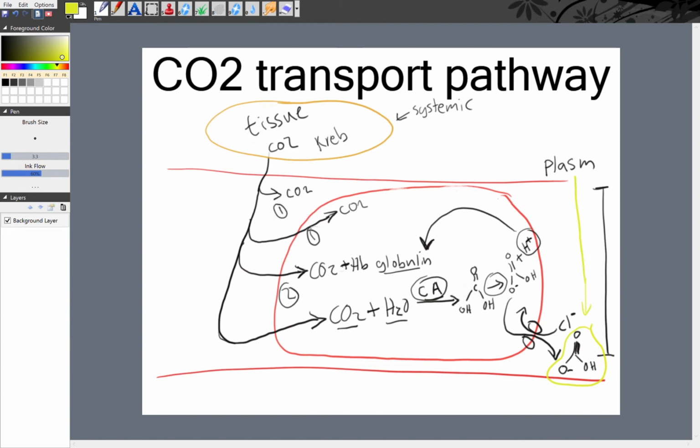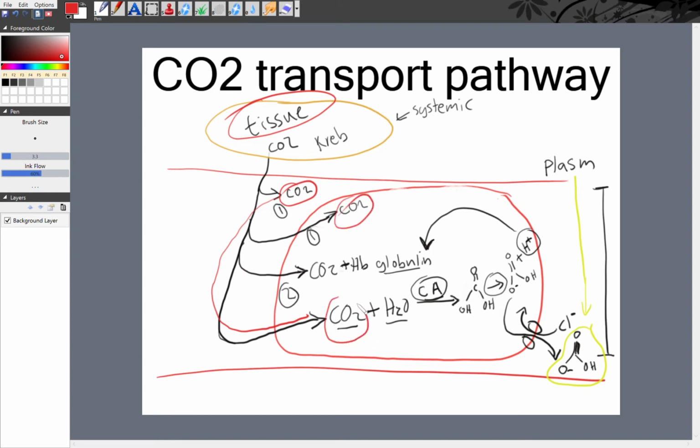So that's the moral of that story: from your tissue, CO2 diffuses into the cell. I'm going to go through this real quick, and I'm going to do it in red. Tissue, then CO2 diffuses into the plasma of the blood. It then diffuses passively in like this.